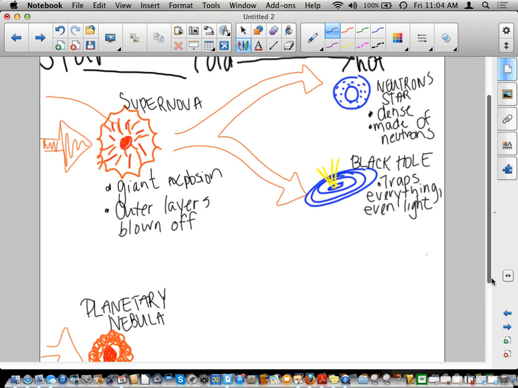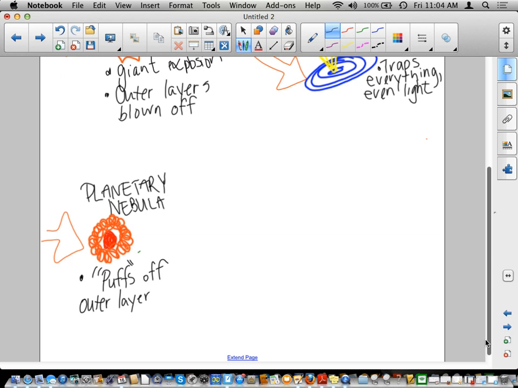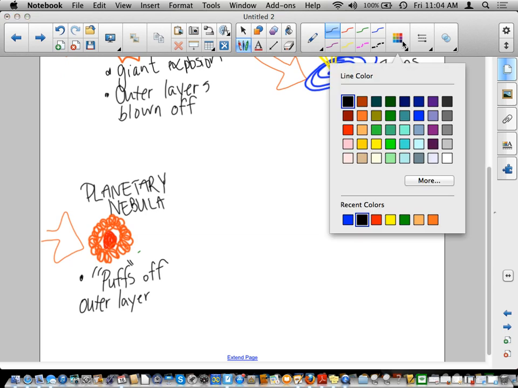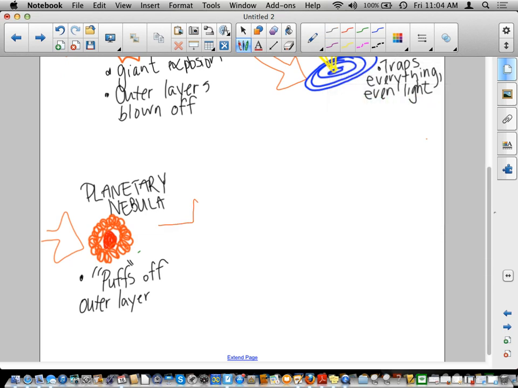Now down to the small mass star. The next stage on the small mass star is called a white dwarf. A white dwarf, I'm going to put in green, I haven't used that color yet, would obviously be white. That leads to us.